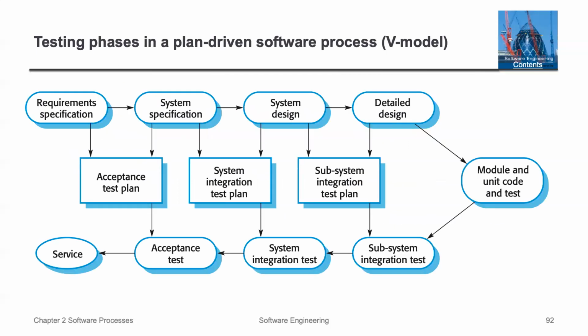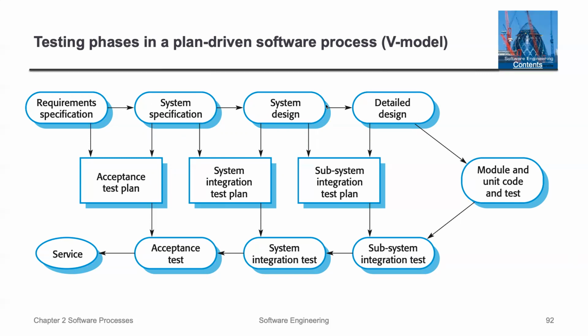And so we have the testing phases in a plan-driven software process. And so something that you would see in a V model. Here we have the requirement specification, the system specification, the system design, detailed design, and that folds into the module and unit code and test, that then aggregates into the subsystem integration test, system integration test, acceptance tests, and service.